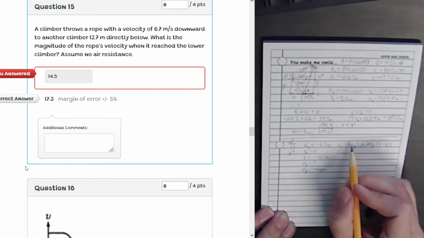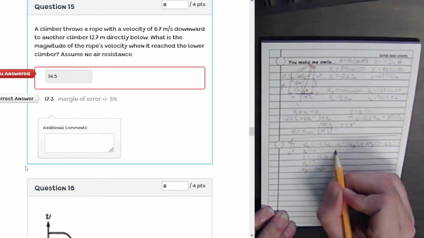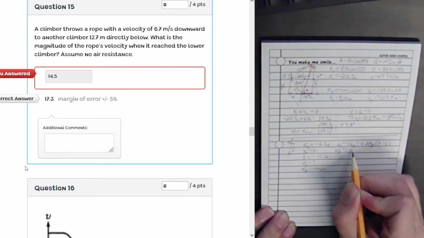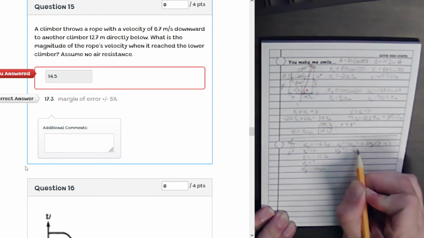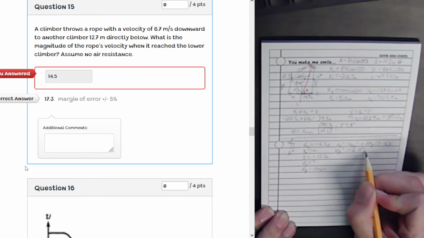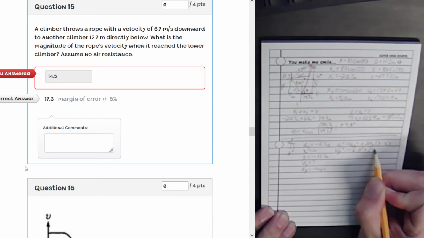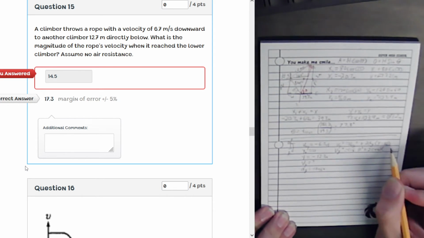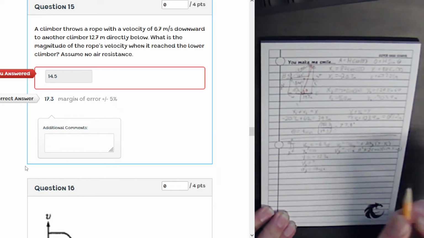We're going to solve for the velocity when we reach the lower climber. So Vy squared equals negative 6.7 squared plus 2 times negative 10 times negative 12.7 minus 0.